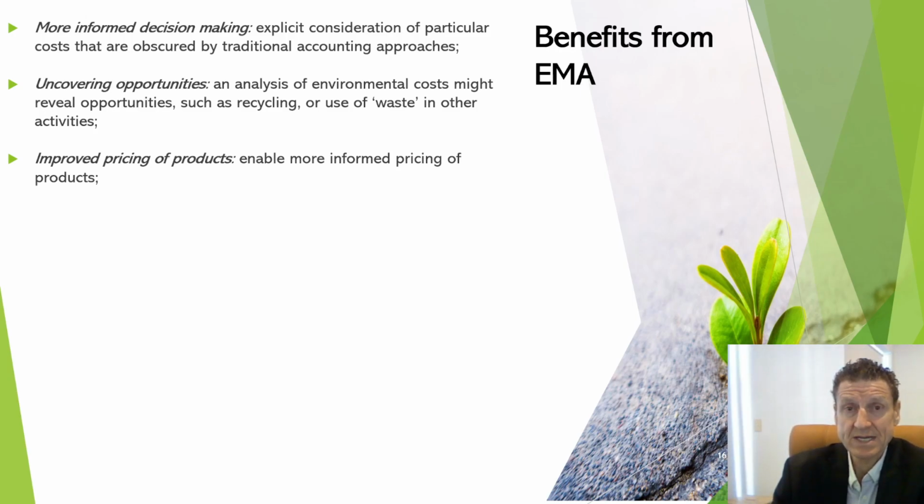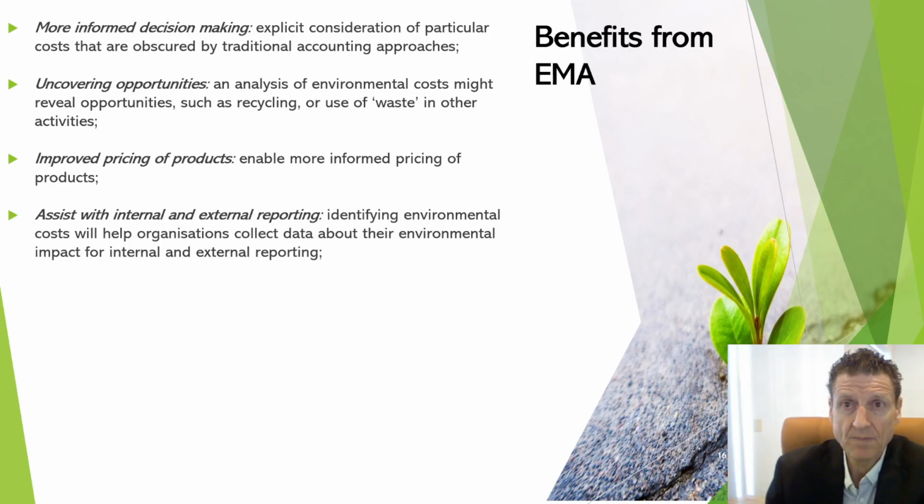And if a product is not making a profit, then we could decide maybe we shouldn't manufacture a product C, because now when we allocate the environmental cost to that product, it is no longer profitable.